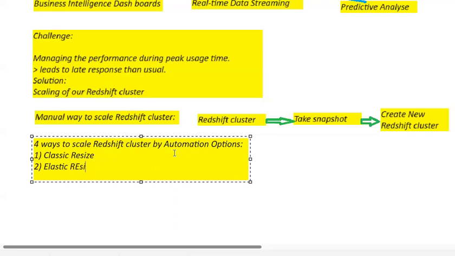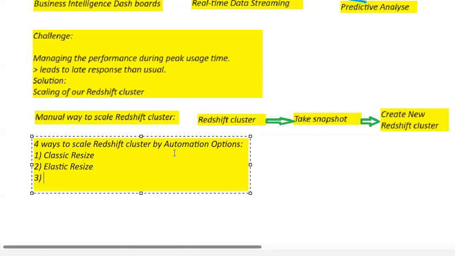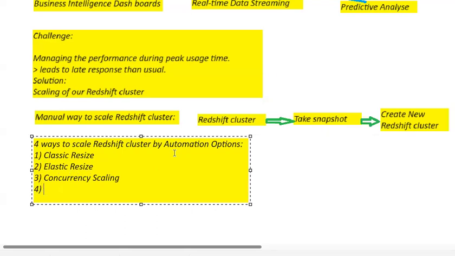The second one is elastic resize, not scaling. Classic resize, elastic resize. The third one is concurrency scaling. And finally, the last one is Redshift Spectrum.